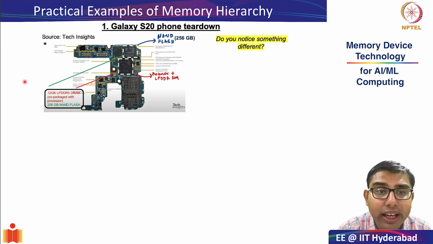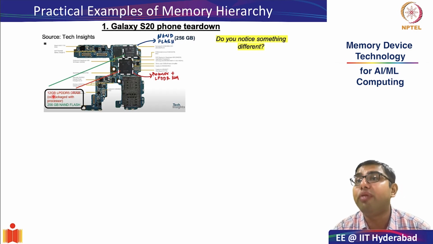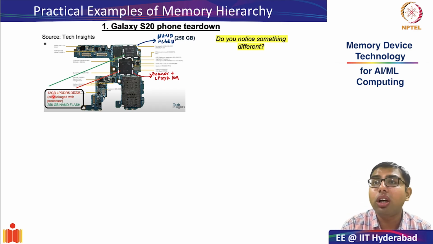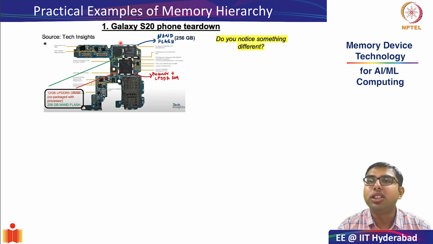The size of the DRAM, if you notice carefully, is 12 GB, which is quite decent for a high-end phone. The other important element which I have marked out for you is the main storage, which consists of a 256 GB NAND flash.